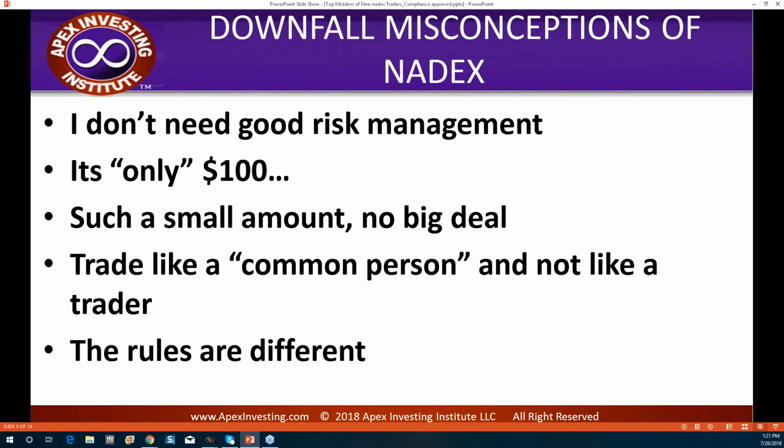Because you think it's different. I just went through a whole spiel and told you how Nadex is different, right? Hey, instead of spot forex where I have to put up thousands of dollars perhaps, or these big futures contracts, and I have to put up all this margin or whatever it may be, right? Okay, well, hey, Nadex is very different.